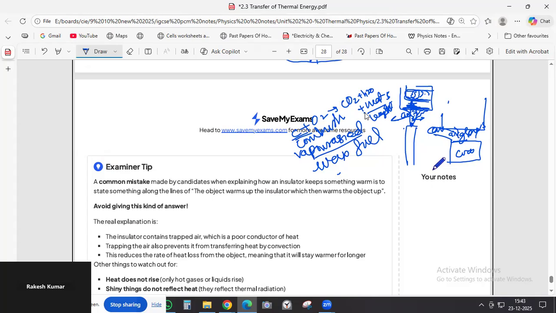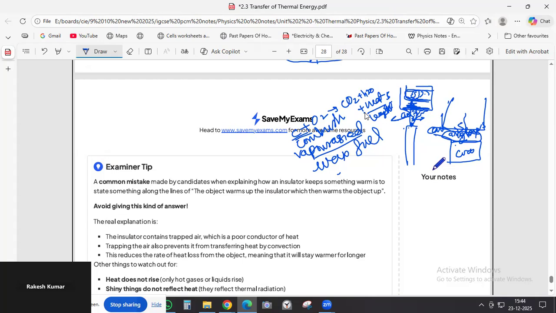You should exactly pinpoint what is happening, why it is happening, and where it is happening. So here it's radiation and convection. The air around it gets hot, then it rises and transfers the energy to the utensil. Here also the same thing happens, radiation and convection, but the fuel is burning very near the container surface, so it's nearly in contact with it.